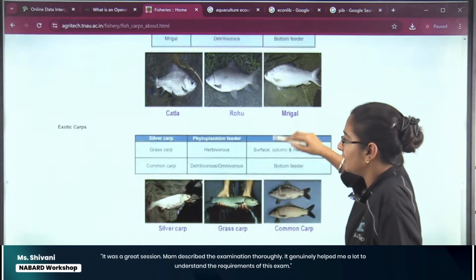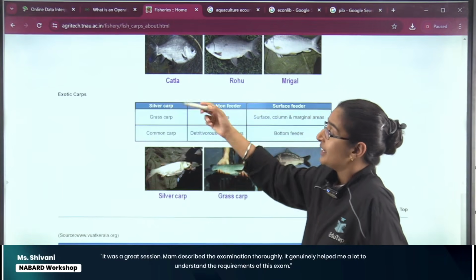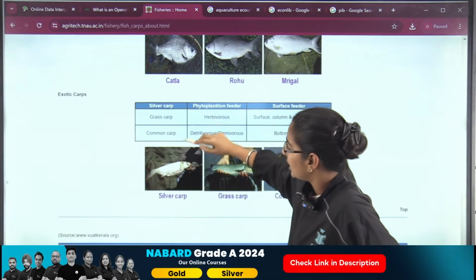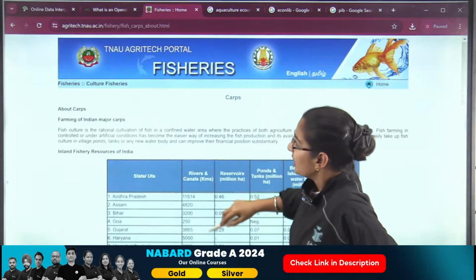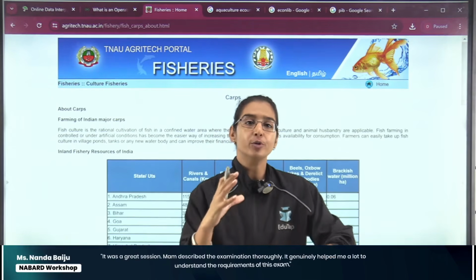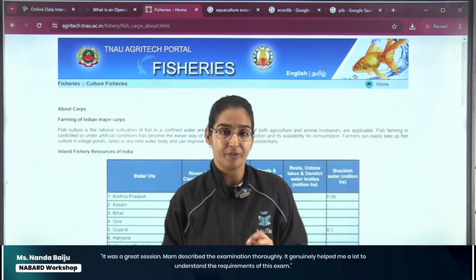You have to read about all of them. Then you have to see which of them are the exotic carps. You have to read about all these things, but this other information you have to skip, right? So this is how you have to navigate through these websites.